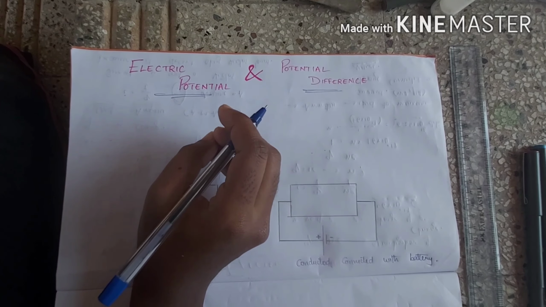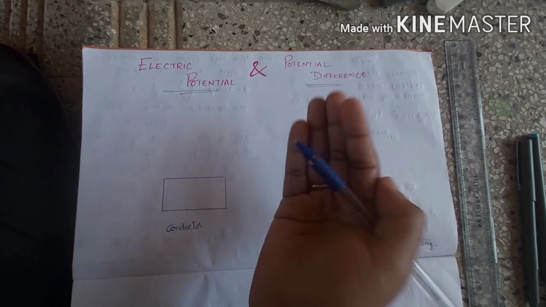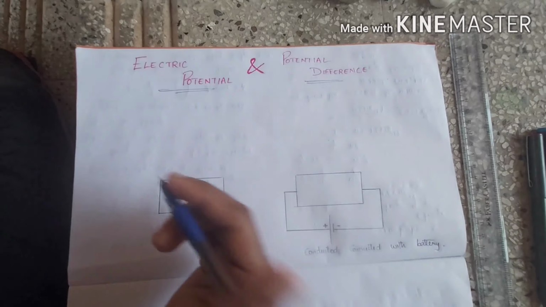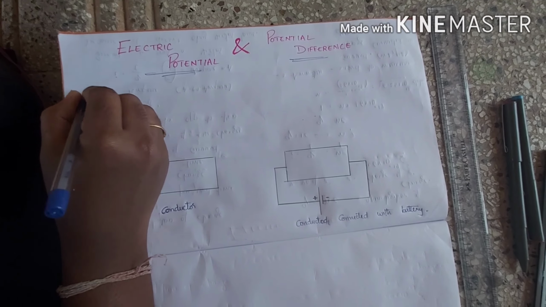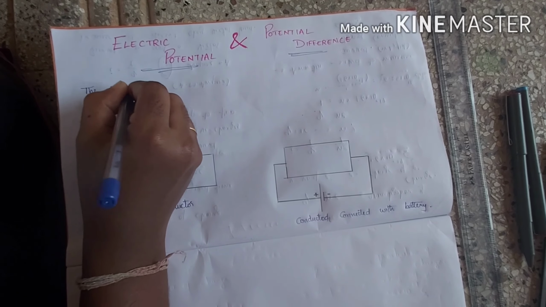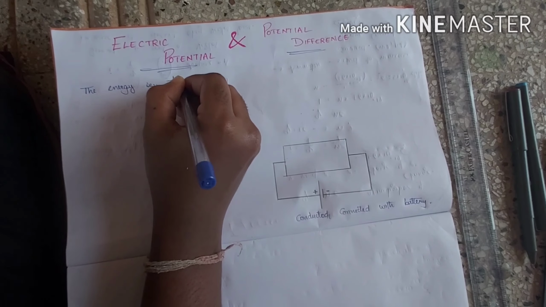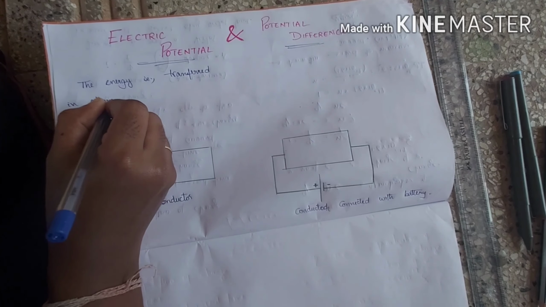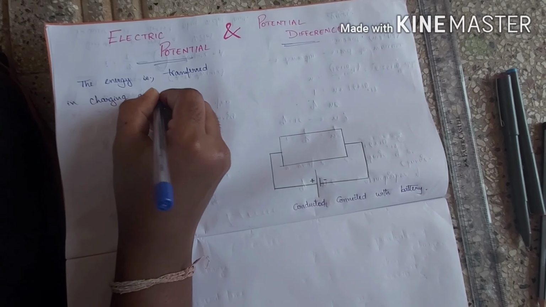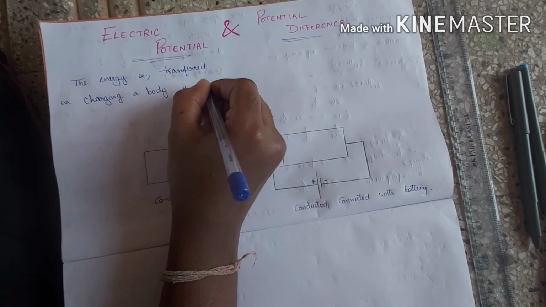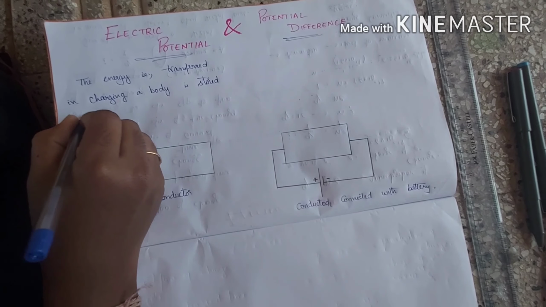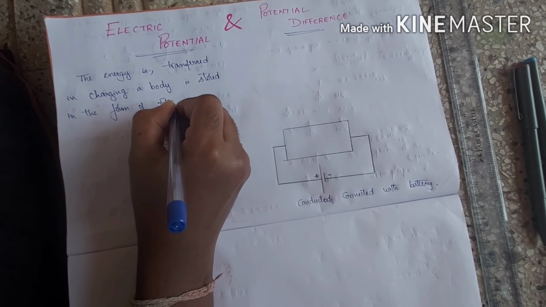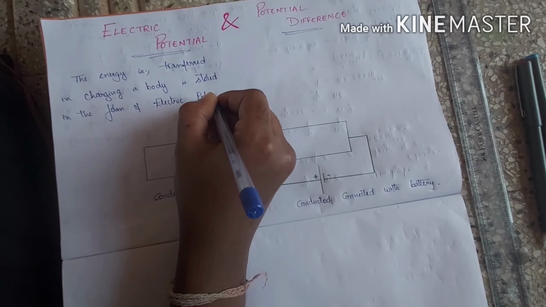In order to charge a body, I either have to add or remove electrons, which means I'm transferring energy to the bodies, right? So the energy that is transferred in charging a body is stored in the form of electric potential.